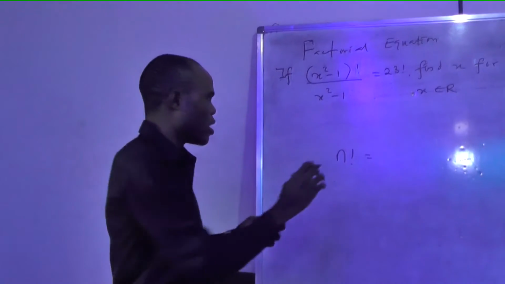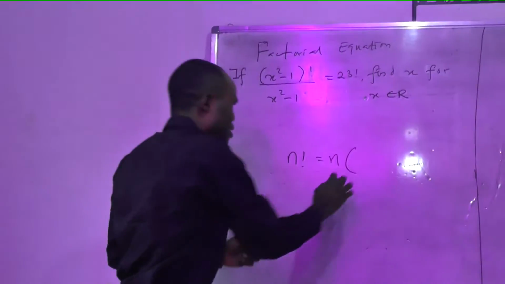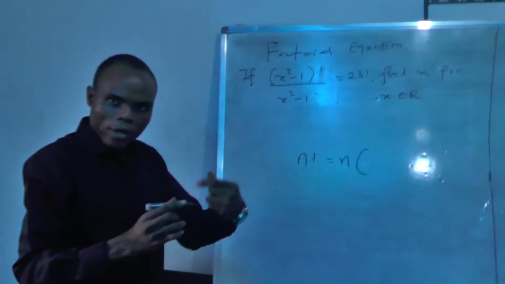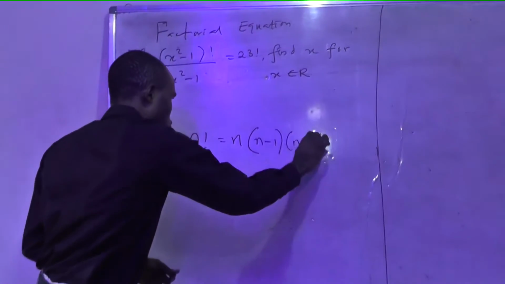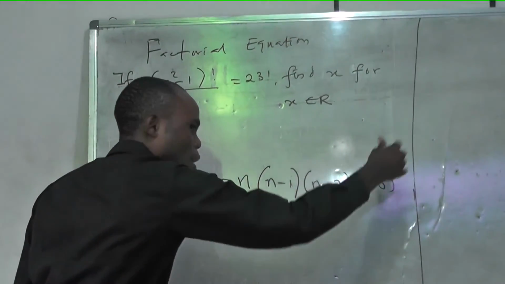Which means n has to be there, multiplied by integers less than n, that is n minus 1, n minus 2, n minus 3, and so on.